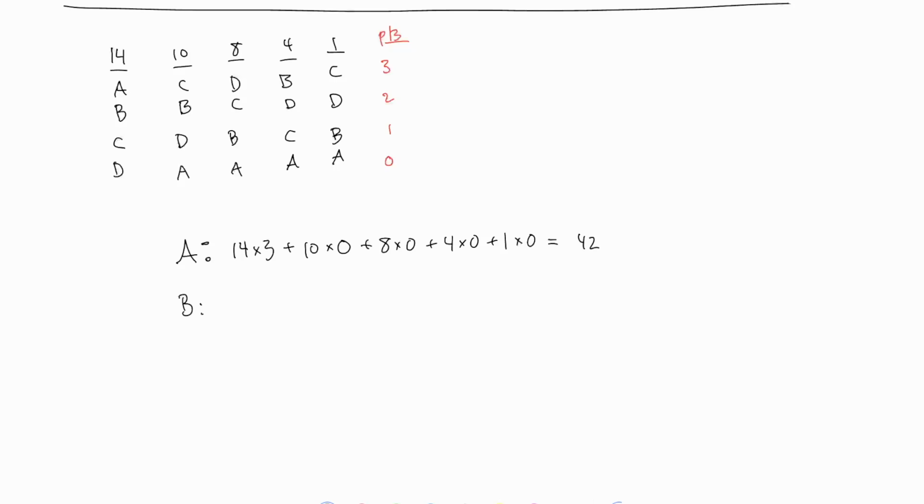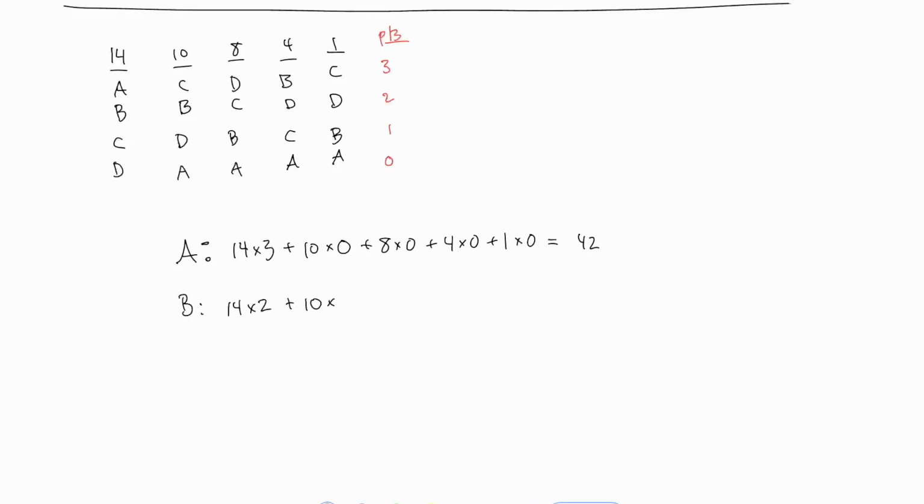Let's try the points for B. So I'm looking at where the various B's go. So here's a B. B gets 2 points in this position, but there's 14 of them, so that's 14 times 2. Each time I'm just multiplying the number at the top of the column times the point value in whatever the position is. So the next column over, the number at the top is 10.